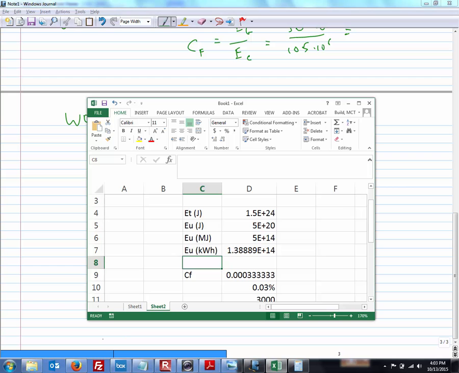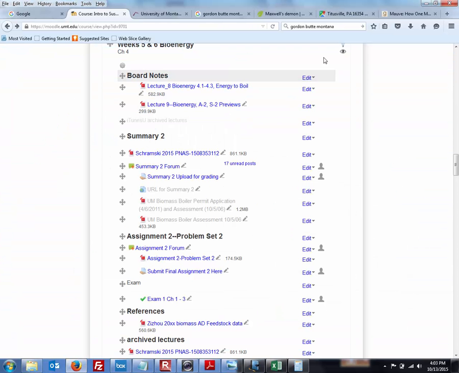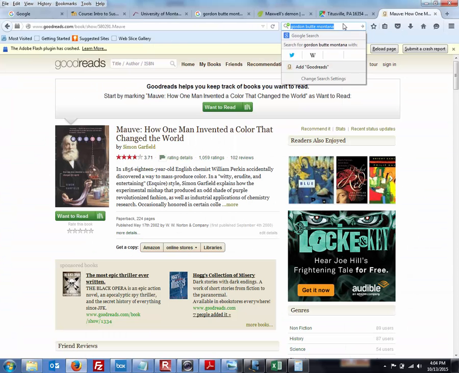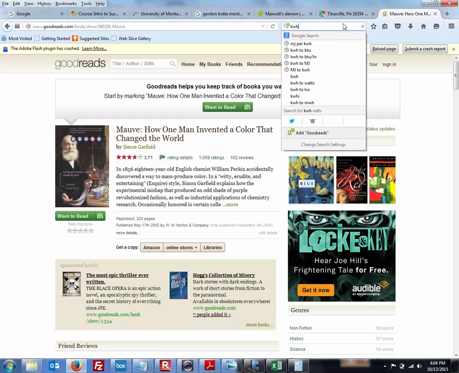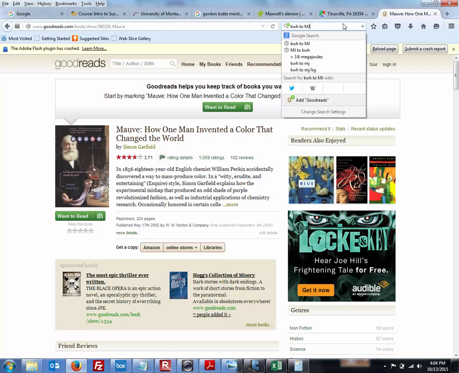Did I do that right? Let's just double check. I always get this messed up. So a kilowatt hour to megajoules: 1 kilowatt hour is 3.6 megajoules. Sometimes I have trouble thinking in reverse.